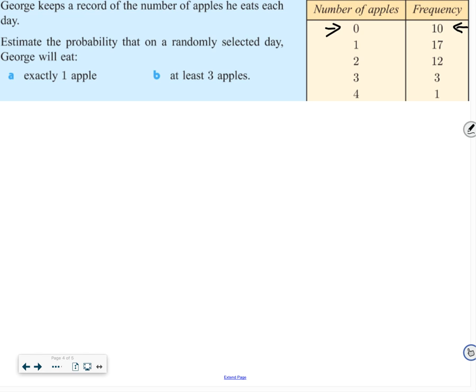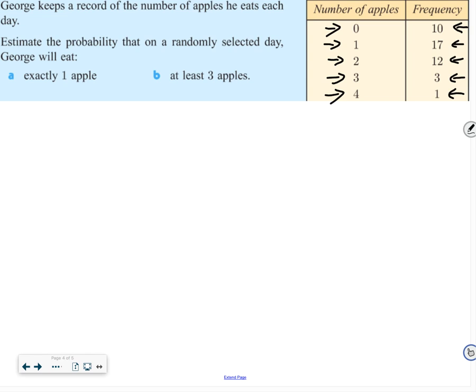For 10 days he ate 0 apples. For eating 1 apple, he did that 17 times. 2 apples, he did it for 12 days. Eating 3 apples, he did that 3 times. And 1 day, he just couldn't get enough apples. He ate 4 of them, but he only did it on 1 day.